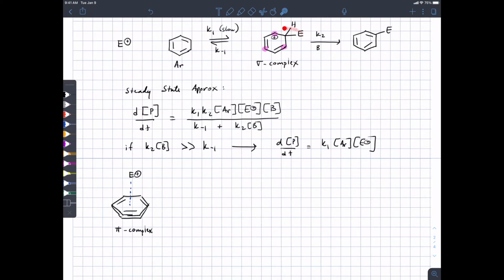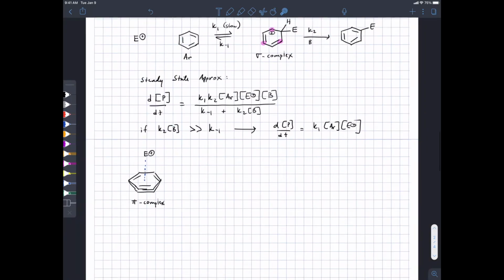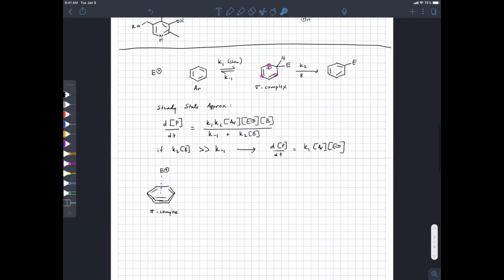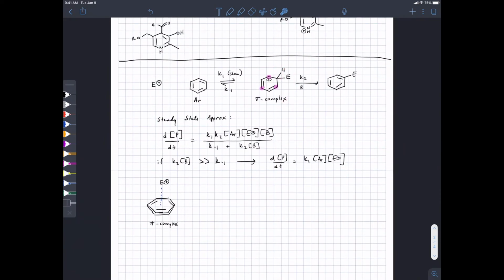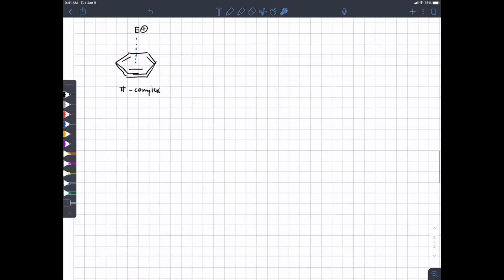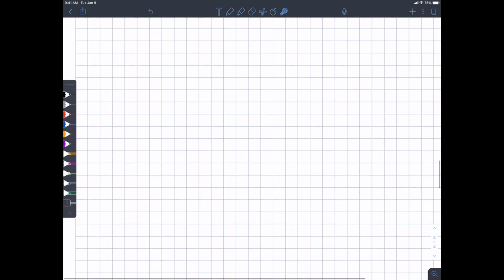Evidence that the sigma complex is important comes from the fact that you can actually observe this sigma complex in strongly acidic conditions.